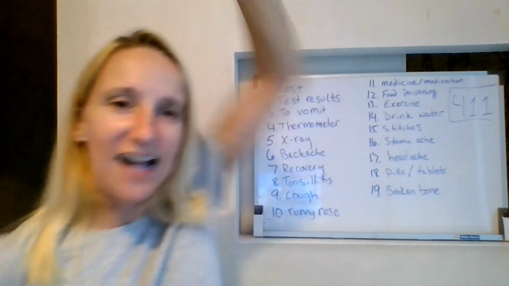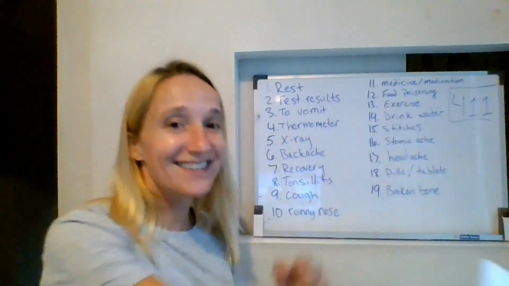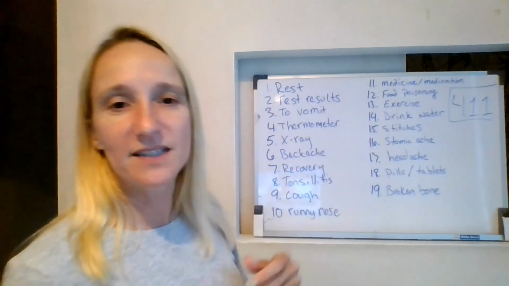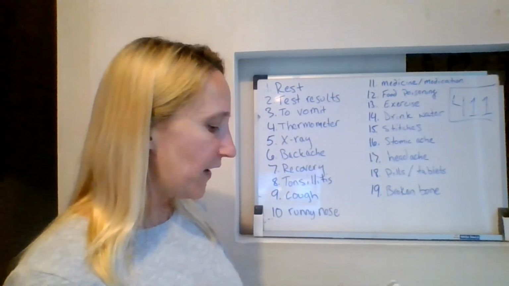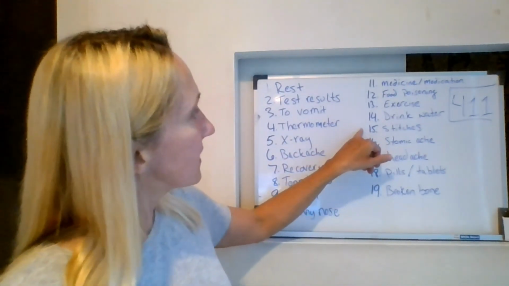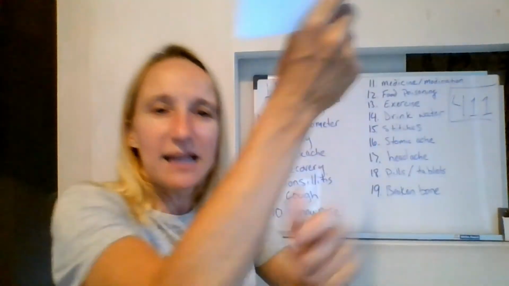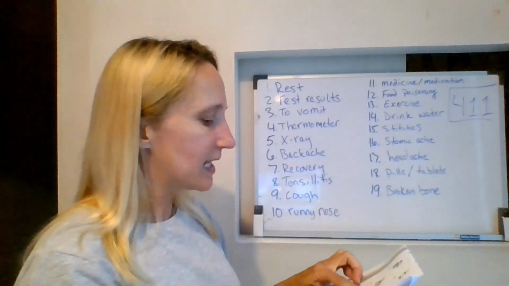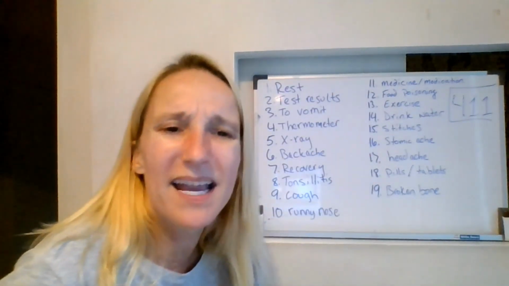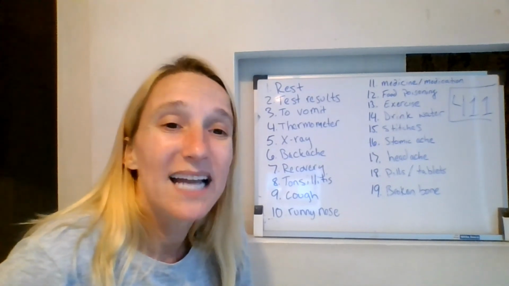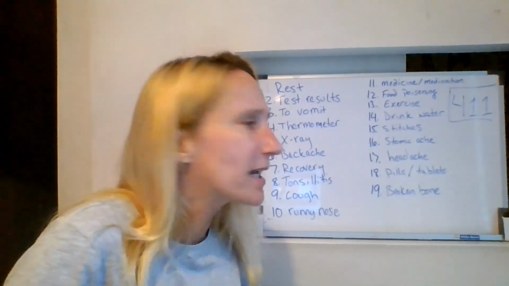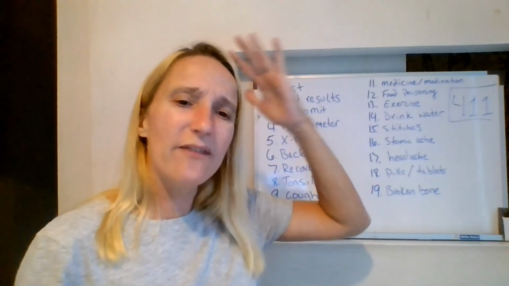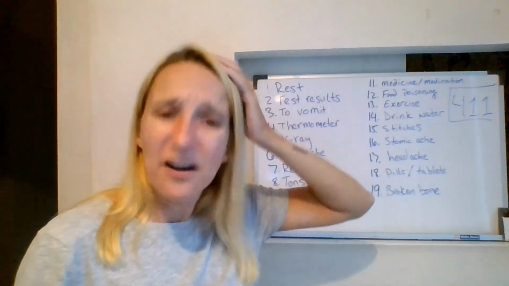13, exercise. 14, drink water. Clearly. 15, stitches. When you have to stitch your body up. You have a cut. Yeah, and you got to stitch it up. 16, when your tummy aches, you have a stomach ache. 17, when your head aches, you have a headache, because your head hurts.